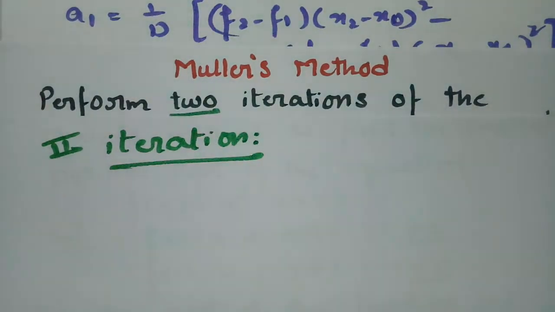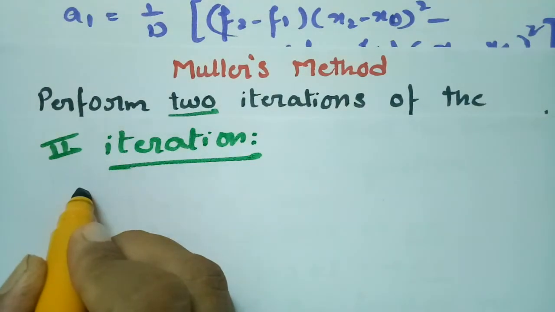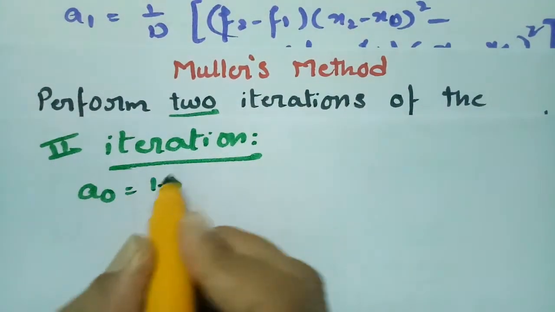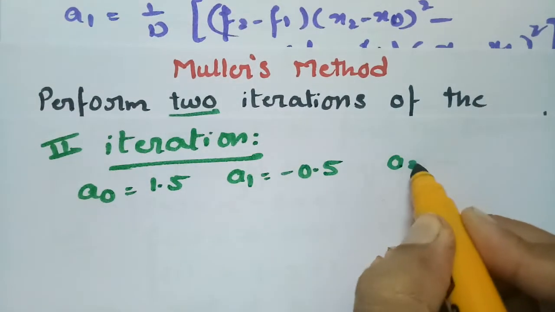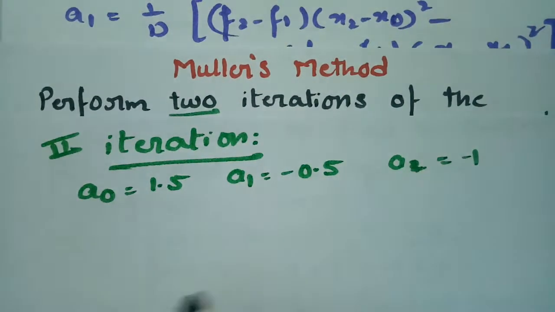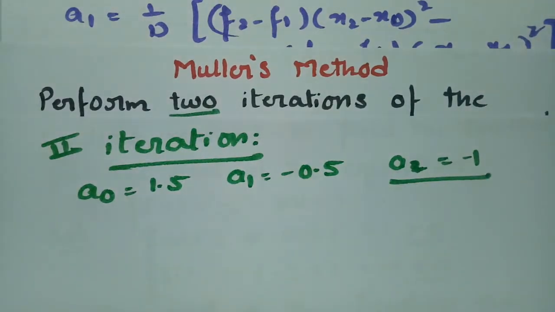In the second iteration, see here, a0 value is ready. So a0 is equal to 1.5, a1 is equal to minus 0.5, a2 is equal to minus 1, and next, see here the last value a2. The last value a2 will be f3.